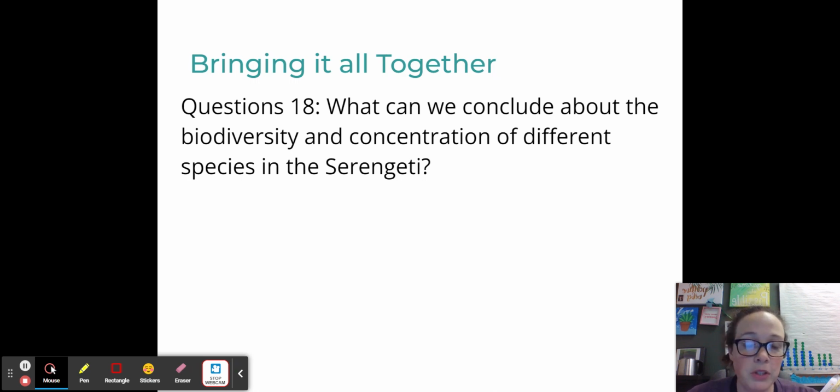So again, biodiversity is the variety of species. High biodiversity means lots of different species. Low biodiversity means very few different species. When we talk about concentration, we're talking about numbers. So if we're looking at a species, we're asking, is there a lot of that species in this area? In this park, is there a lot of that organism, in this small area or in this large area?